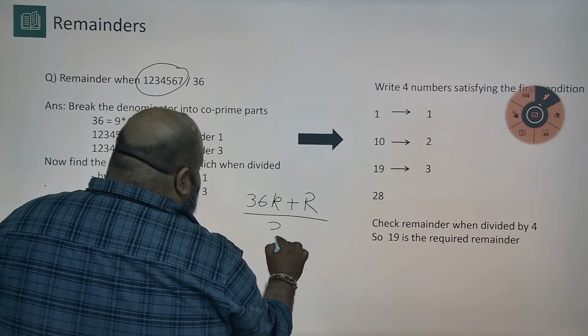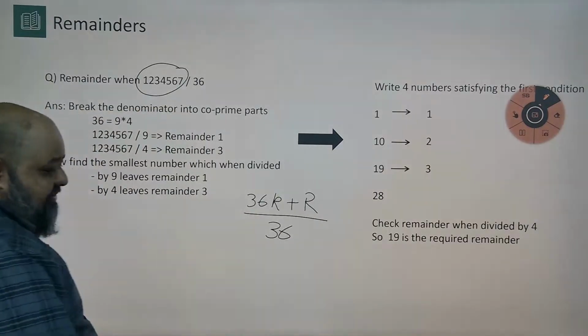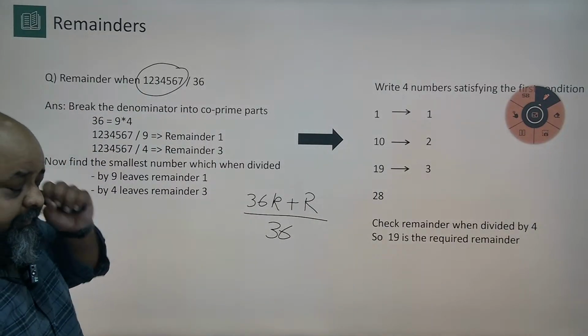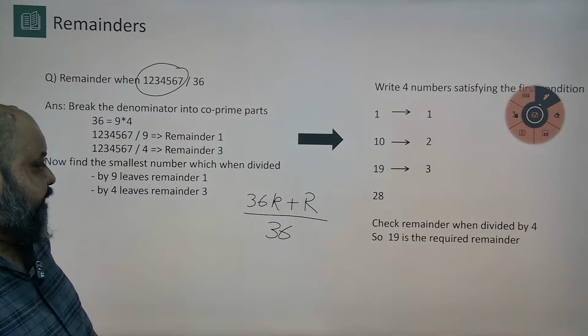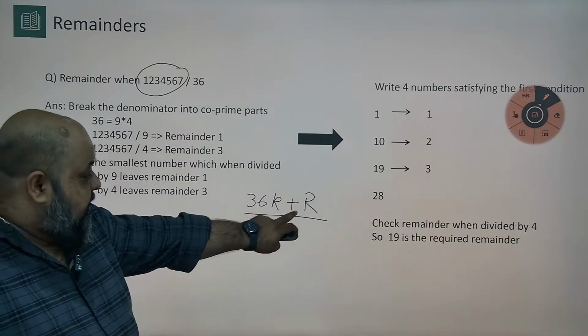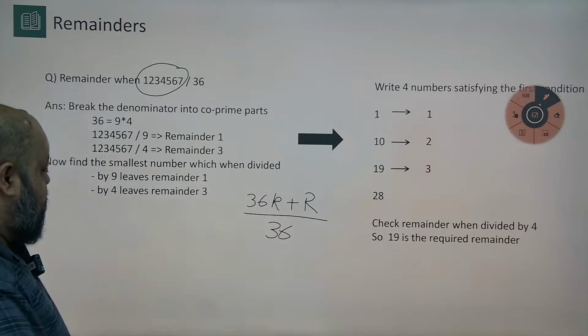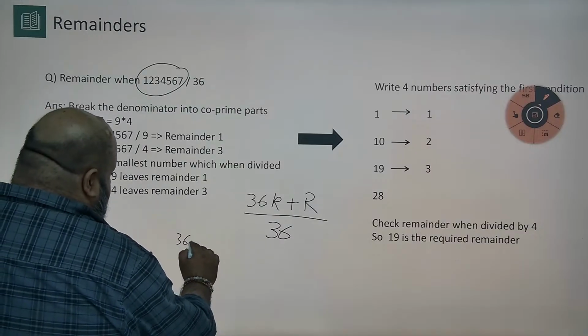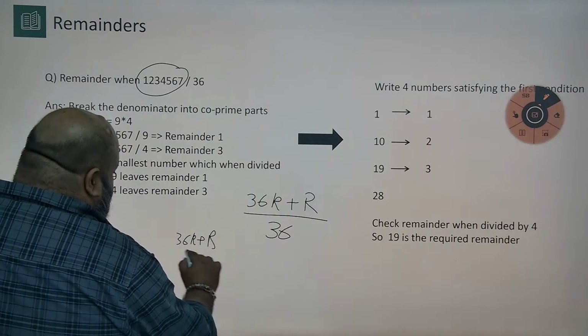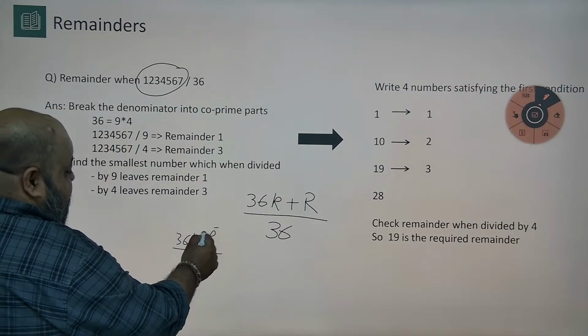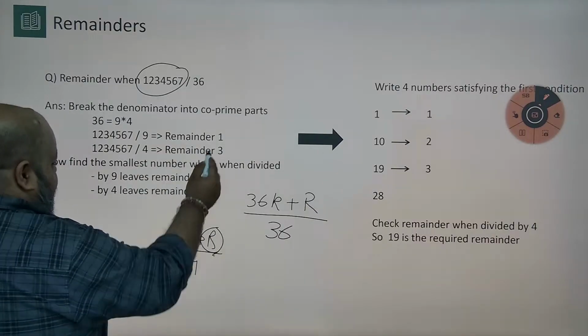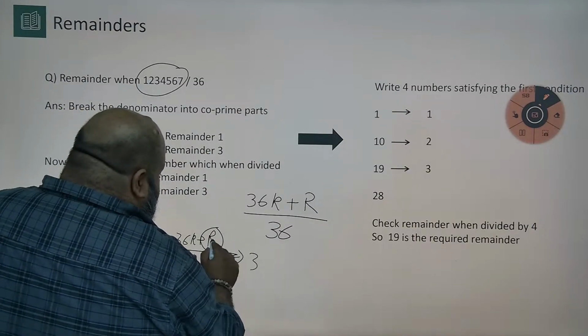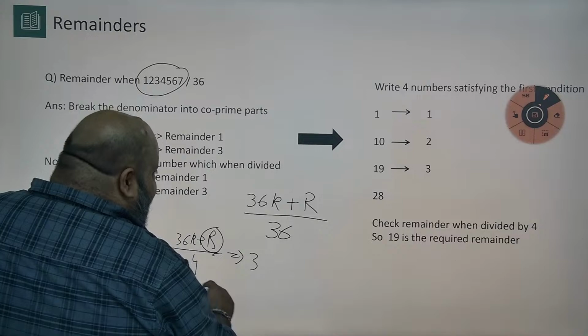So when I divide by 36, r is the remainder that we have to have. अब ये जो r है, जब इसको मैं 4 से डिवाइड करूंगा, 36k plus r by 4, the remainder will be because of this r. By 4 the remainder should be 3. So this r should leave a remainder of 3 when divided by 4.